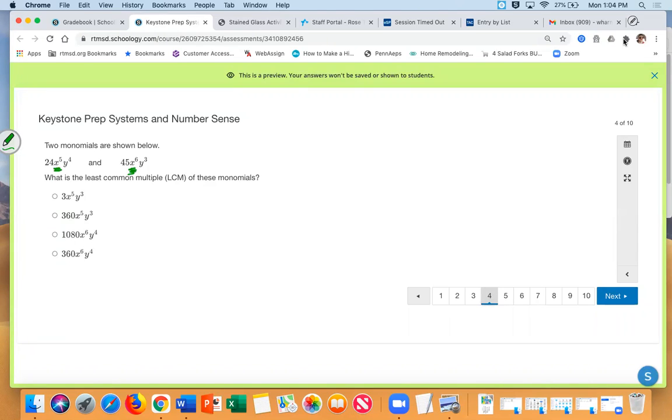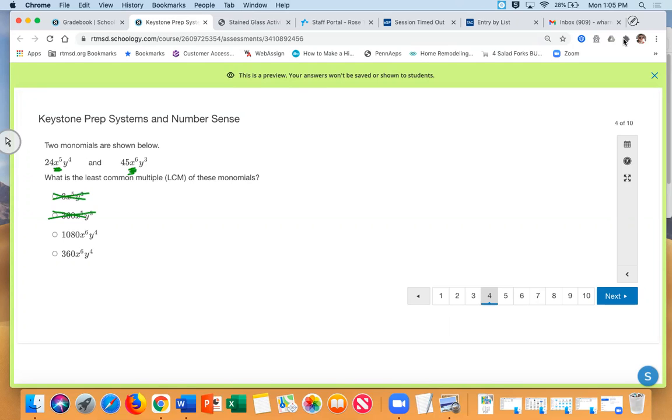Which of these x's are larger, x to the fifth or x to the sixth? To the sixth. That means my answer better have x to the sixth in it. That one does not, and that one does not. Meaning my answer is either the 1080 x to the sixth, y to the fourth, or 360 x to the sixth, y to the fourth.